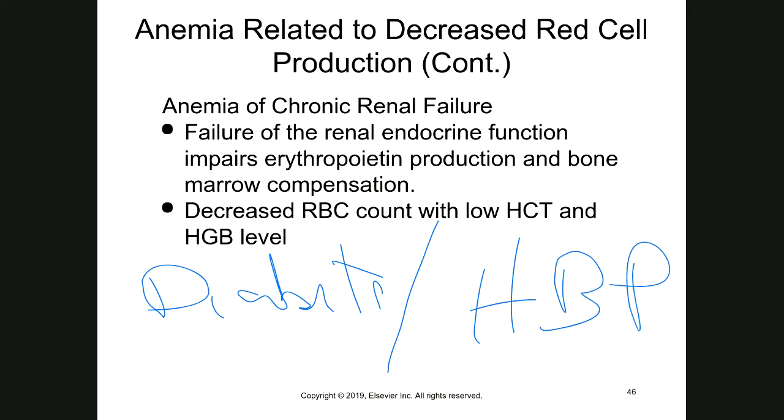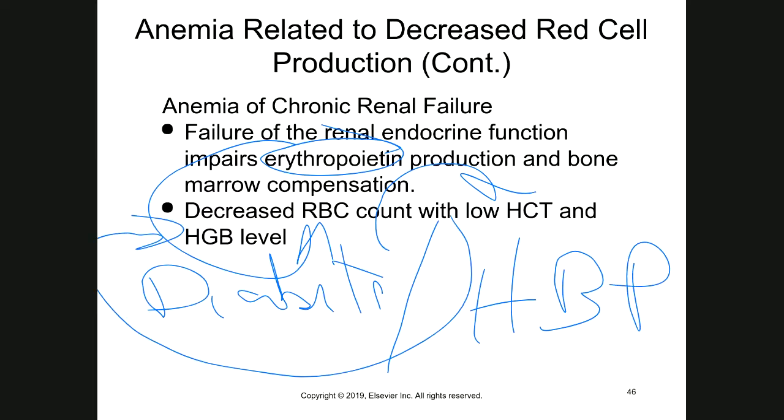If that happens, obviously you will not produce erythropoietin. That will not give you production of red blood cells. That will give you a low hematocrit. That will give you a low hemoglobin level. And who at the end will basically suffer the major damage? Your beautiful heart.